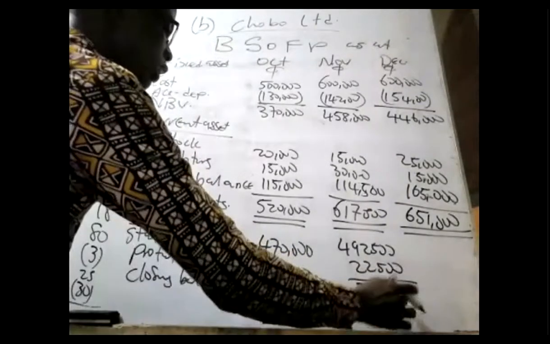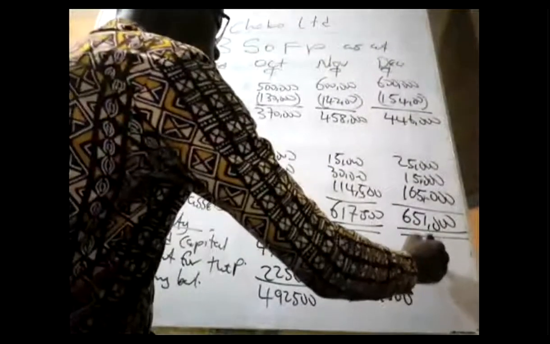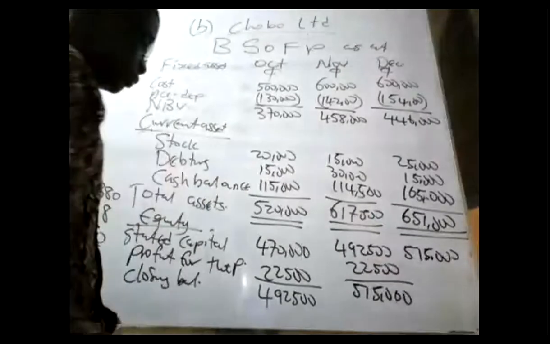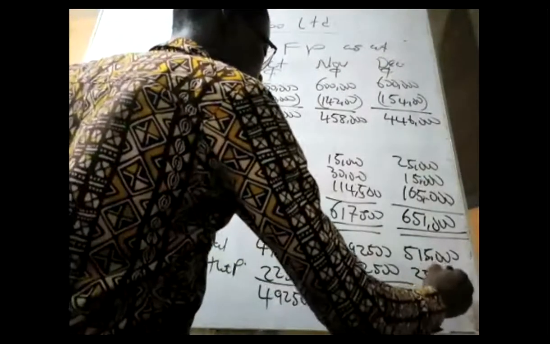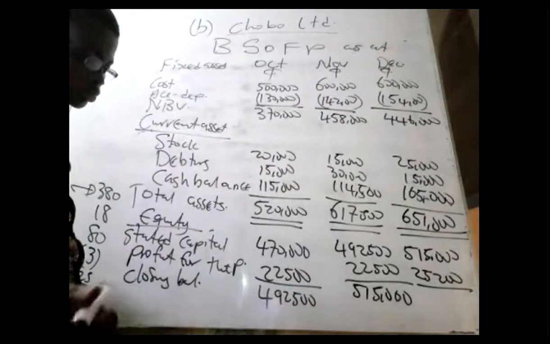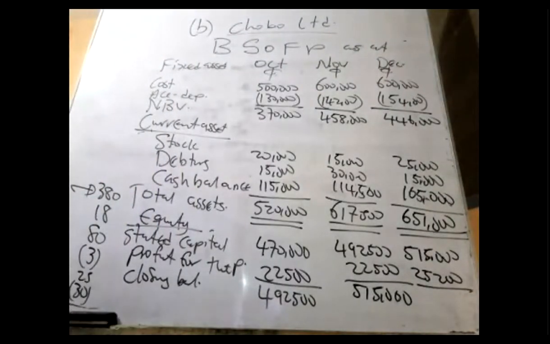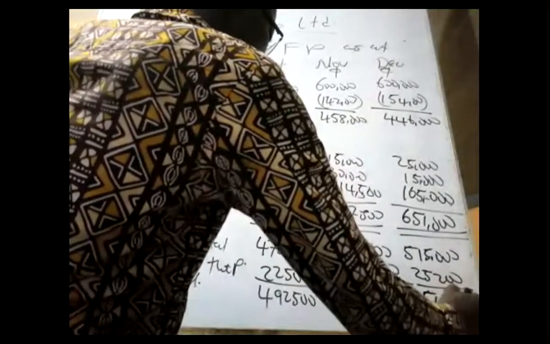And finally, push it into the final month. And last month's profit, we have 25,200. Add and let's get the closing balance: $540,200.